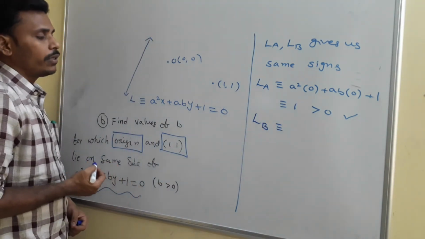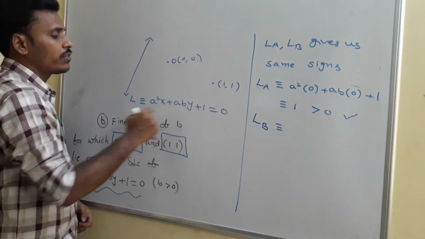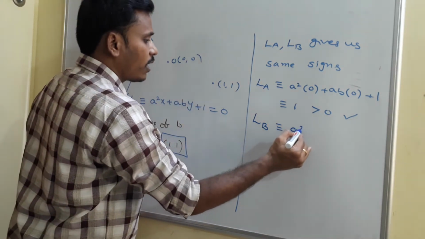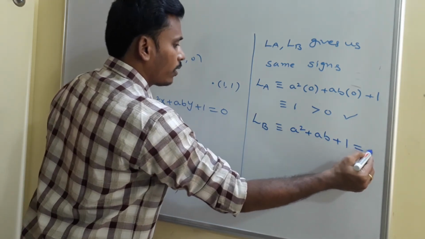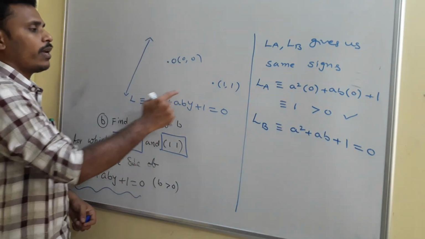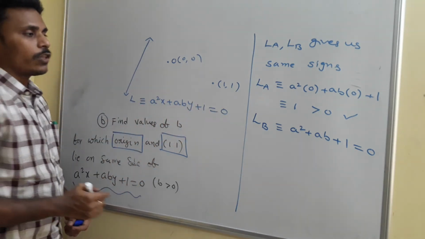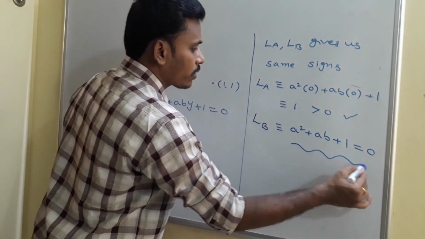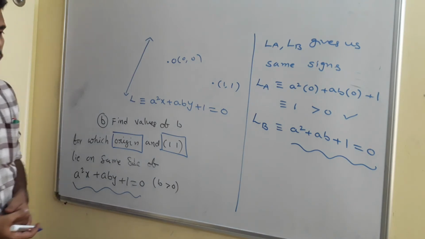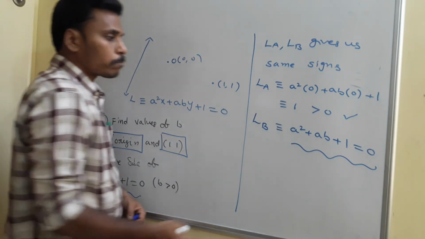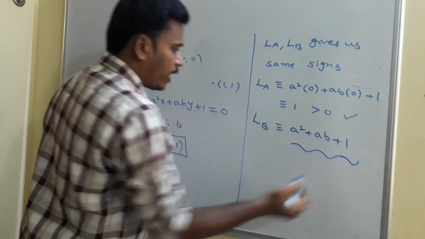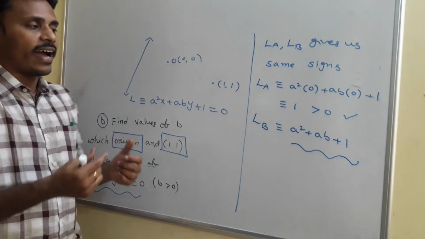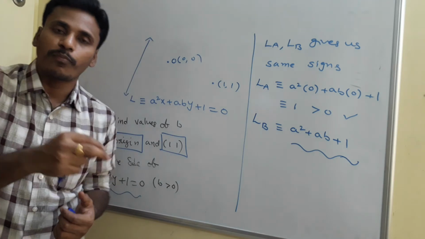Then what is L(B)? Substituting (1, 1) in the given equation gives us a squared plus a b plus 1. Just replace x with 1, replace y with 1, and you will get a squared plus a b plus 1. Just a minute. L(B) is this value. L(A) and L(B) are just the values after substituting the given point in the line.